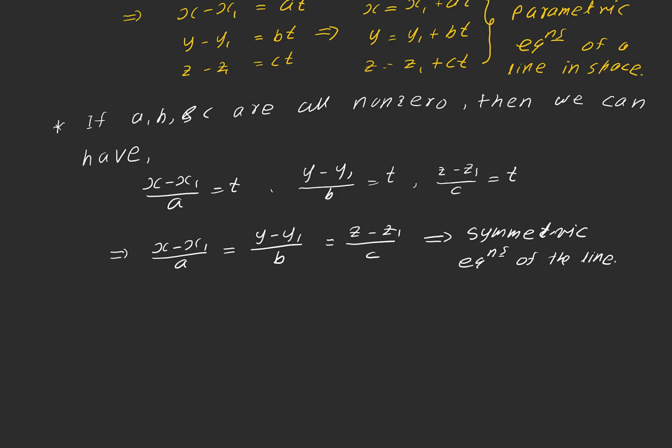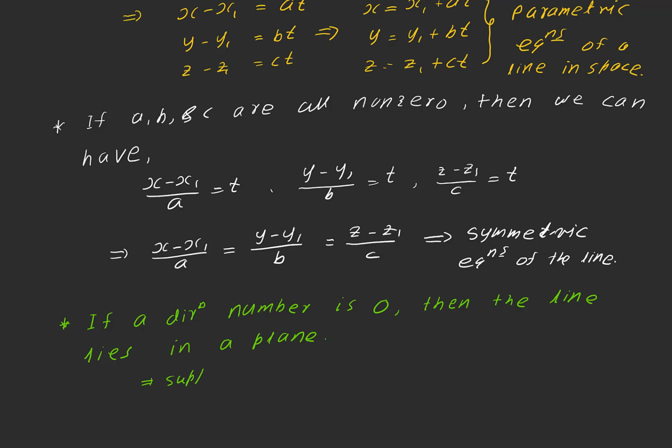How about if a direction number is 0? Let me write here: if a direction number is 0, then the line lies in a plane. Suppose a equals 0.